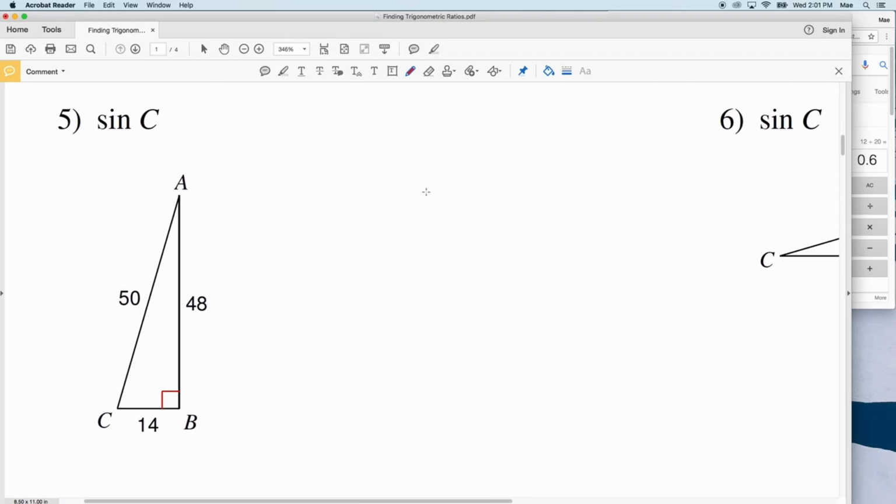Number 5, the sine of C is the trigonometric ratio we're solving for. So sine, think SOH, opposite over hypotenuse.